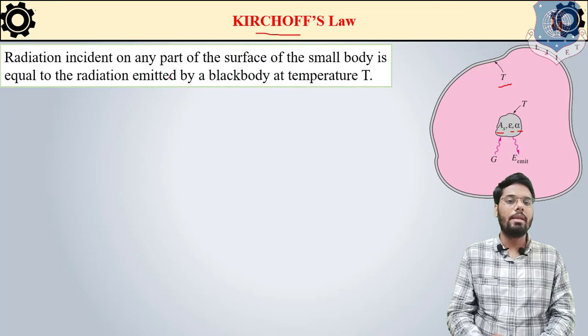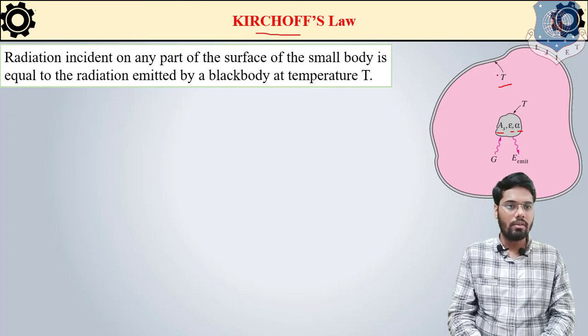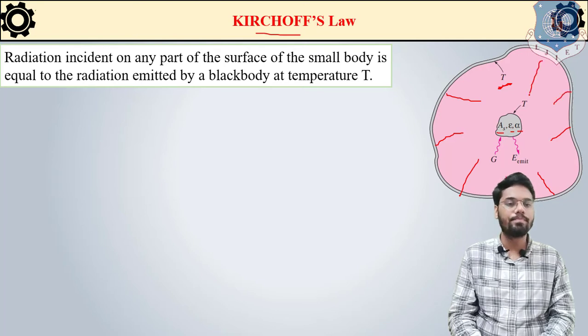Radiation incident on any part of the surface of the small body is equal to the radiation emitted by a black body at temperature T. Whatever amount of electromagnetic wave is emitted from this black body will be incident on this small body whose surface area is As.